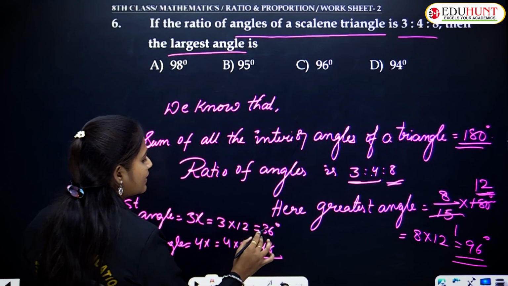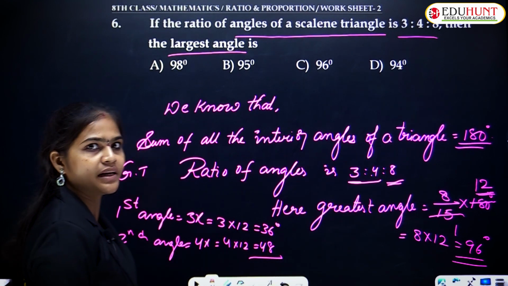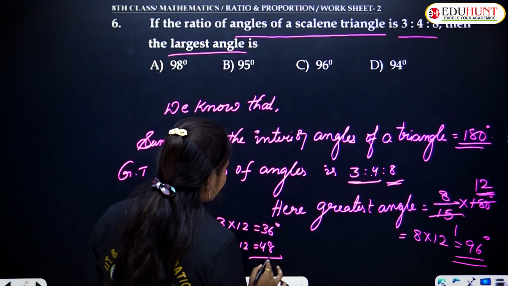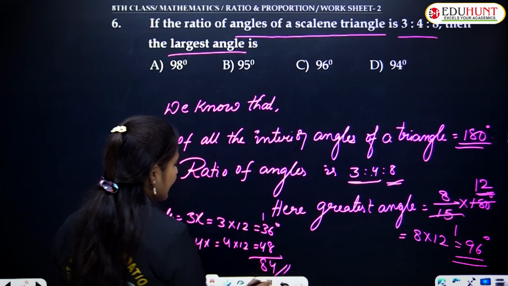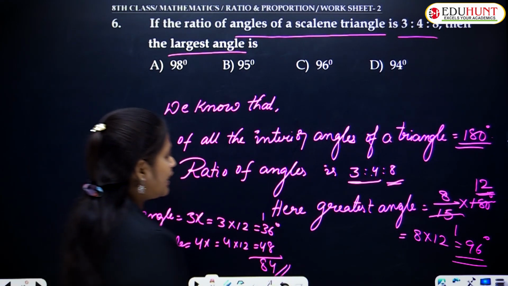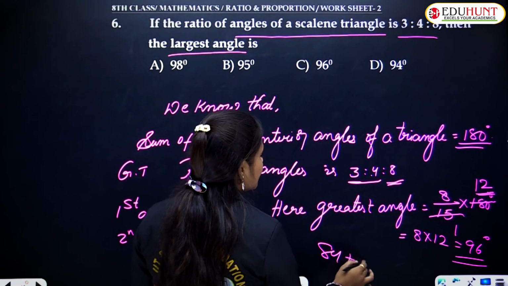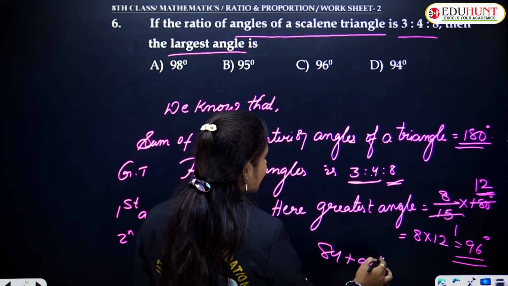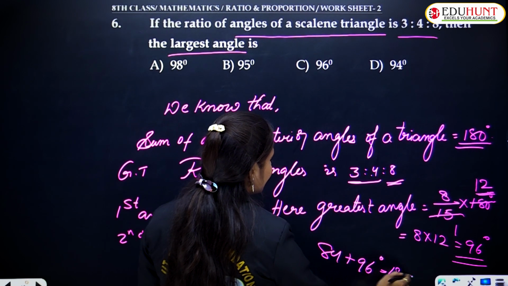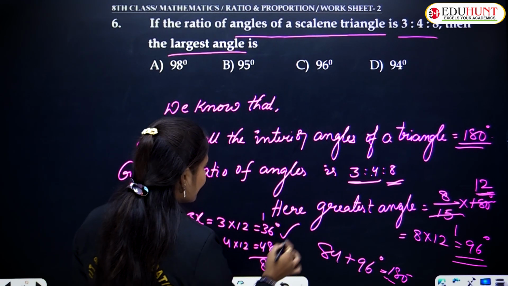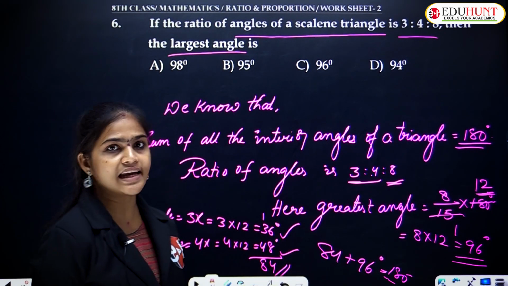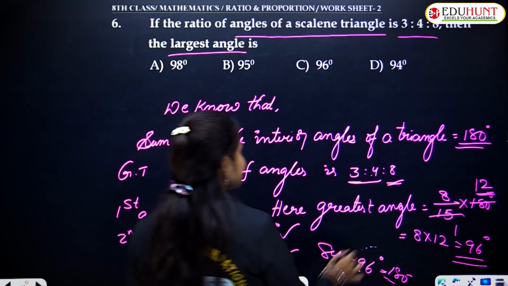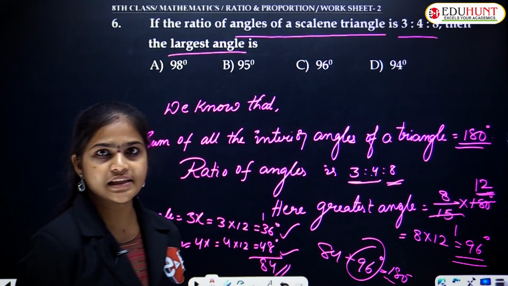So 36 plus 48 is 84. 84 plus 96, the third angle, equals 180 degrees. So among 36 degrees, 48 degrees and 96 degrees, the greatest angle is 96 degrees. Am I clear, children?